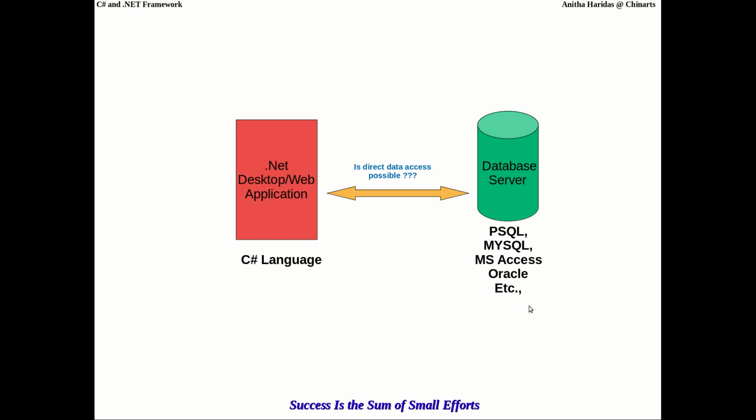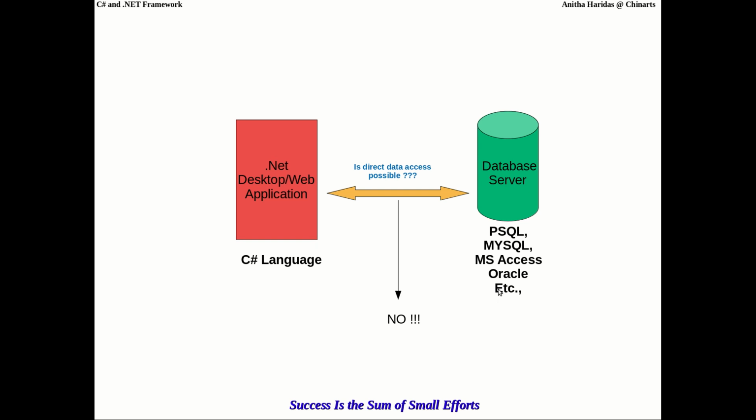If you ask me this, I can say the direct data access is not at all possible, because the .NET application using the C# language is completely different programming code, and the database server, which is using any of these database management systems, is using a completely different language.